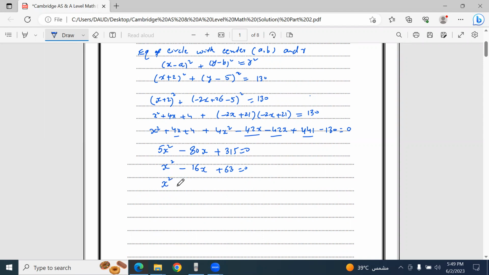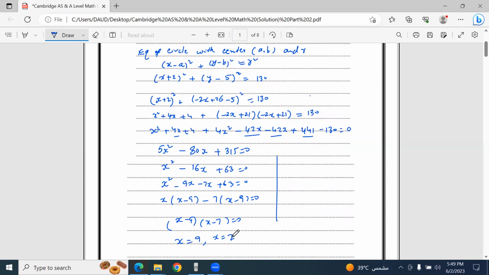So x squared minus 9x minus 7x plus 63 is equal to 0. We can take x common as group factorization: x minus 9, minus 7 common, so x minus 9 and x minus 7 is equal to 0, which means x is equal to 9, x is equal to 7.